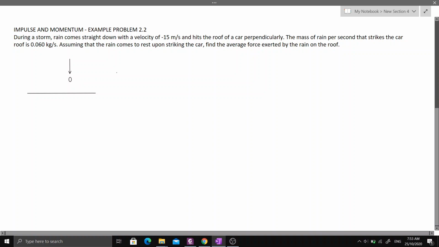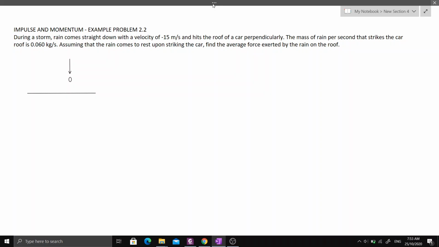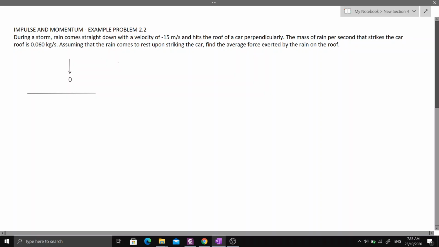So, this has a mass which is equal to 0.06 kilogram per second. So, let's just write that down. And its initial velocity, v sub I, is equal to negative 15 meters per second.